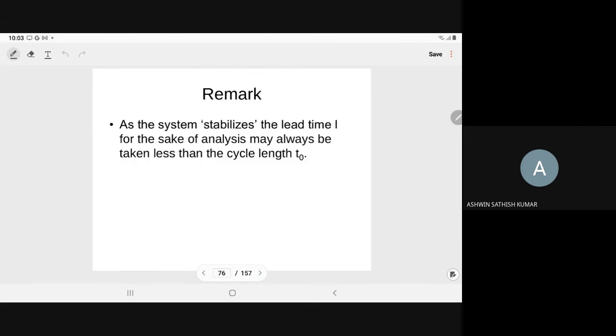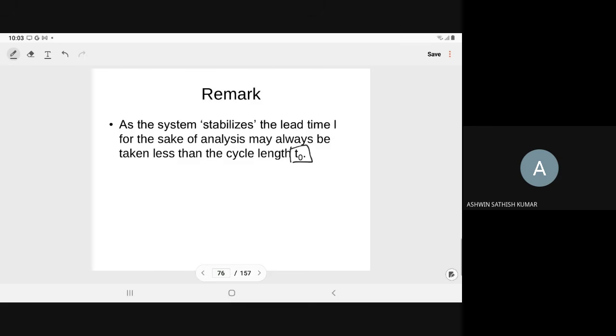So this is of model 1. Now here one important thing I have to convey about the lead time: as the system stabilizes, the lead time for the sake of analysis may always be taken less than the cycle length. Here we have the cycle length, meaning at this period we repeat or reorder.